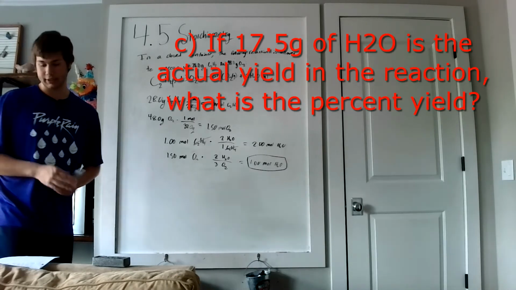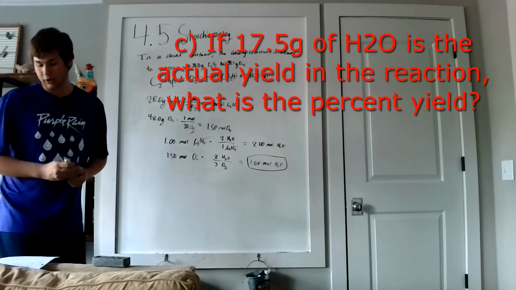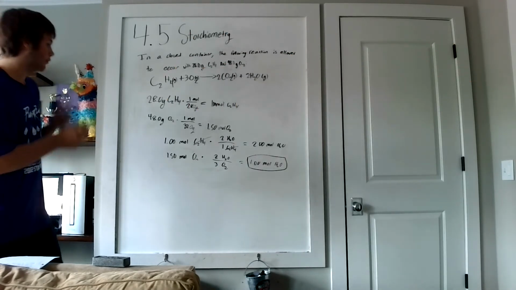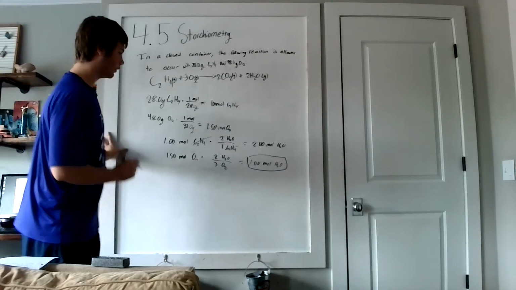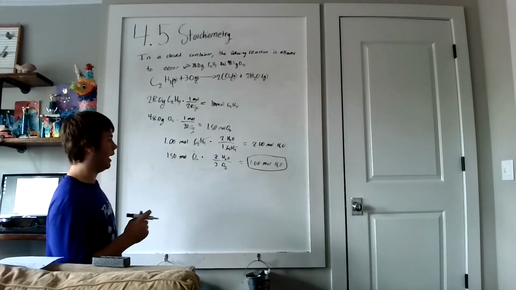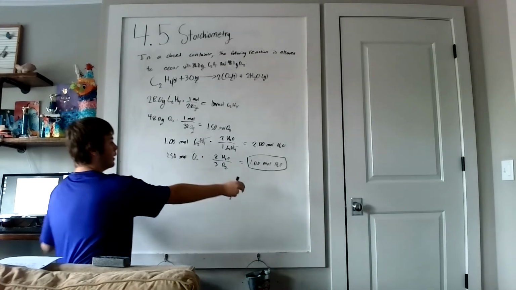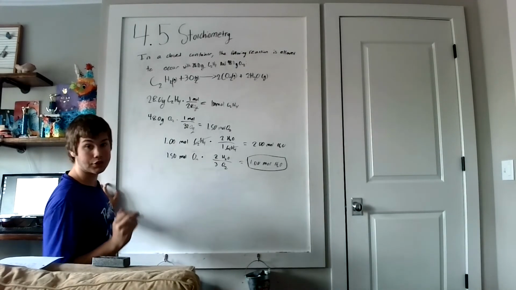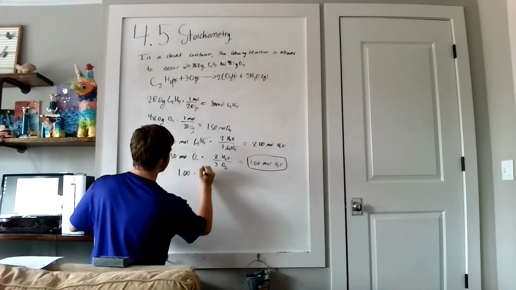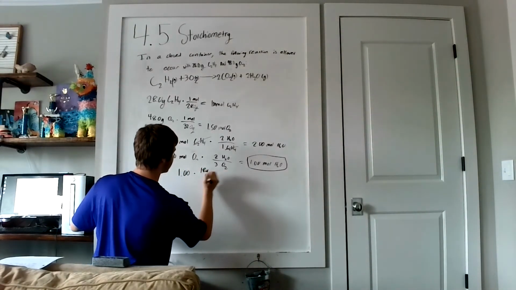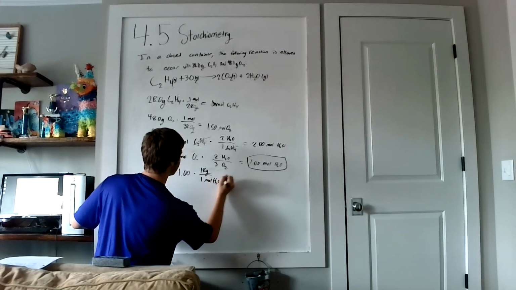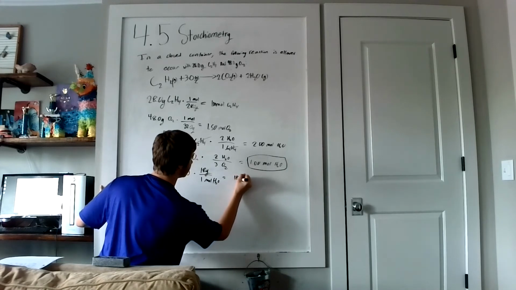So now, part D. If 17.5 grams of H2O is produced, what is the percent yield? So what we can do is calculate the molar mass, the amount of grams 1 mole of H2O has. So 1 mole times 18 grams per mole H2O gives us 18 grams.